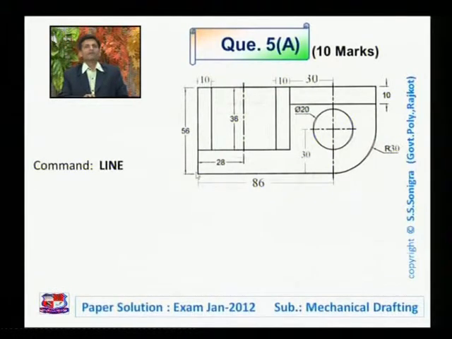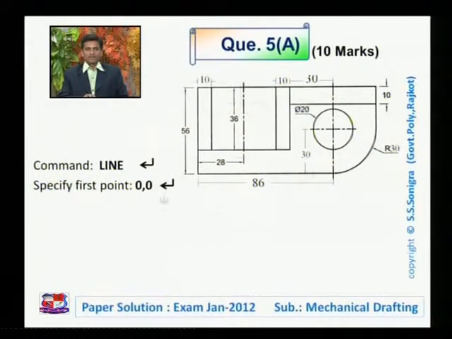X-axis is 0 and Y-axis is 0 at this point. So we start from here to draw a line. If you enter the command in the command prompt, if you enter line and enter, the first prompt would be specify first point. So our first point is 0, 0. X coordinate is 0, Y coordinate is 0.